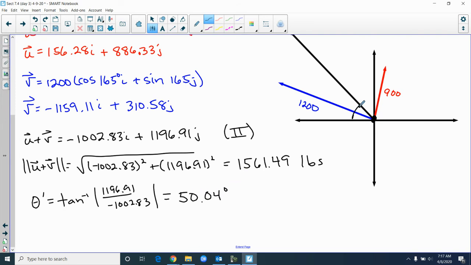Okay, that is this angle right there. So our direction for this problem is going to be 180 minus 50.04, which is going to be 129.96 degrees.